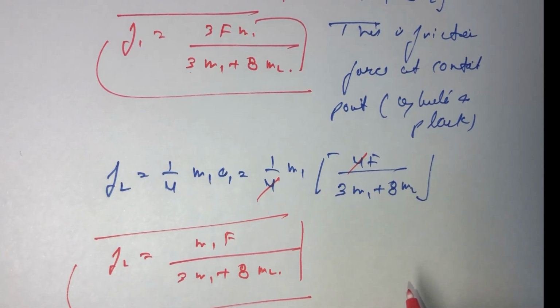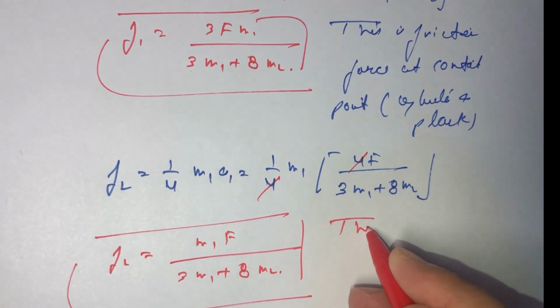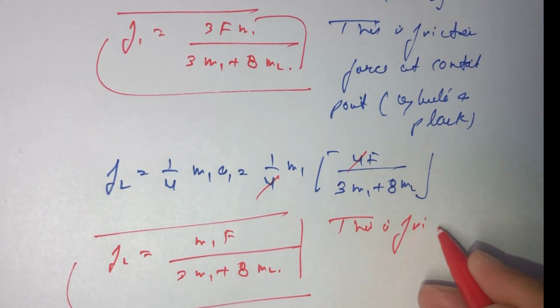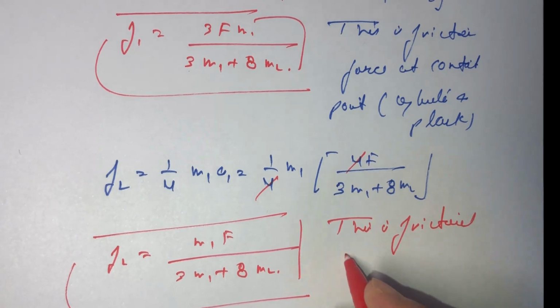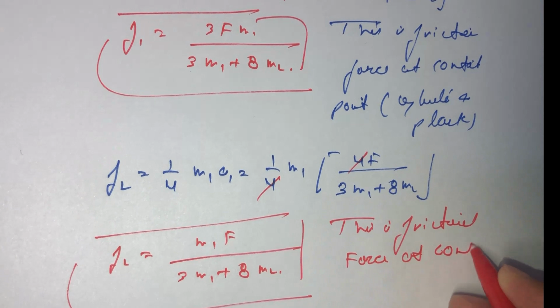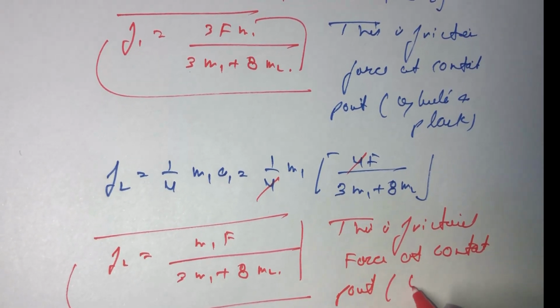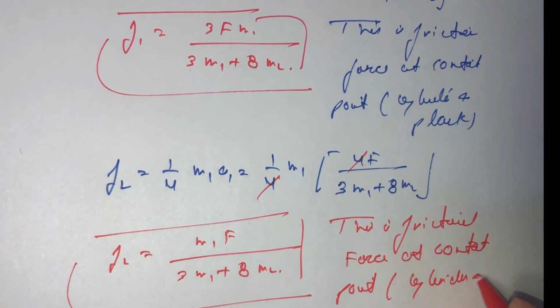So this is the frictional force at the contact point between the cylinder and the ground.